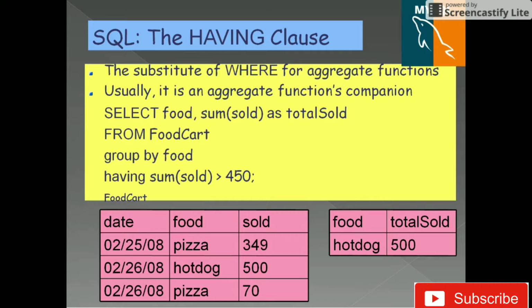Suppose if we want to print just a hot dog, just read the query, select food, sum sold as total sold, as we have done previously, from food cart, group by food, having sum of sold greater than 450.